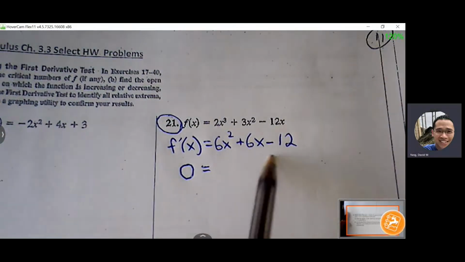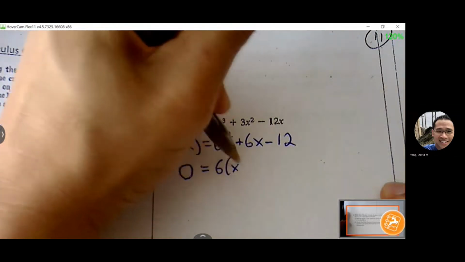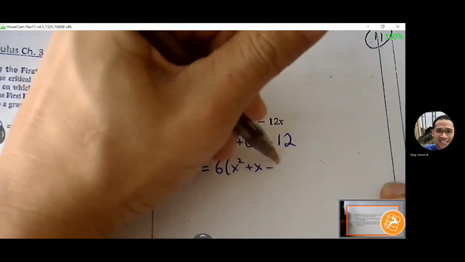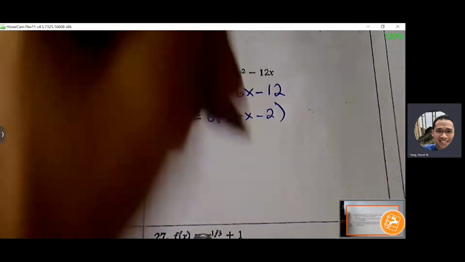Okay, so we can take out a GCF of what? 6. Continue factoring.